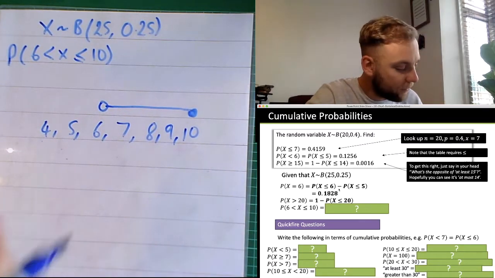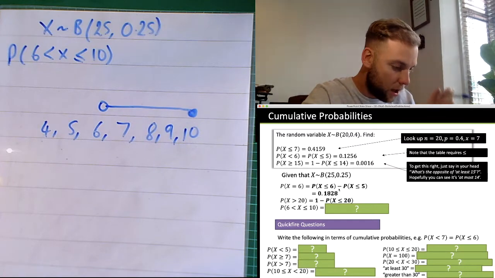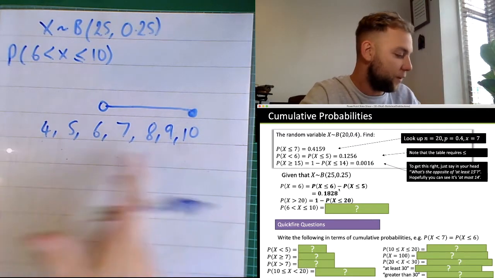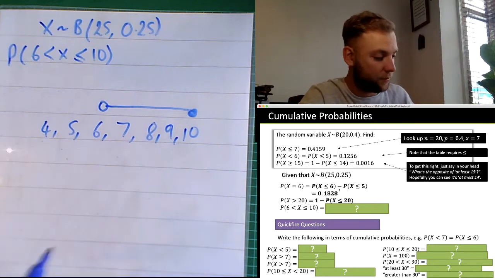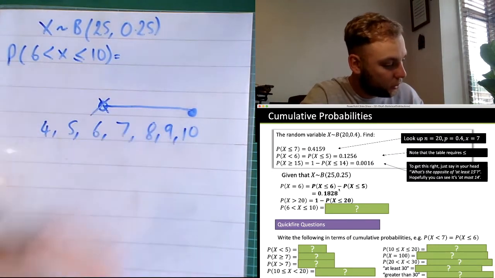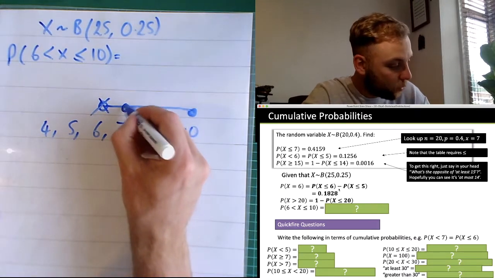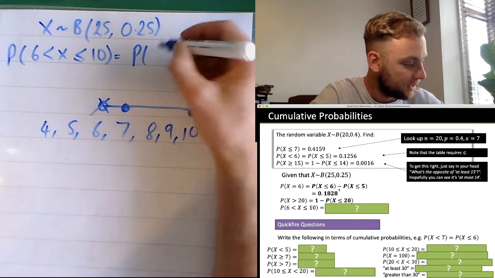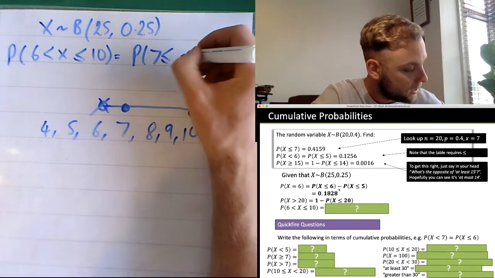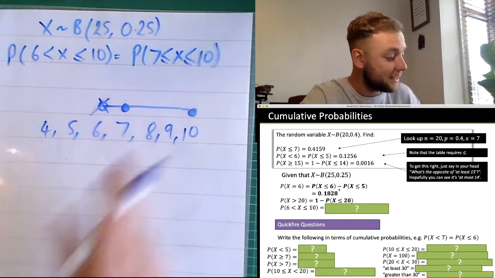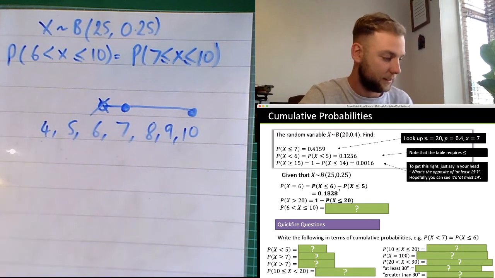If I want to change this to an equal sign, because I'm not including 6, the first one that I would include is 7. So this is the same as saying the probability that 7 is less than or equal to my random variable x is less than or equal to 10.